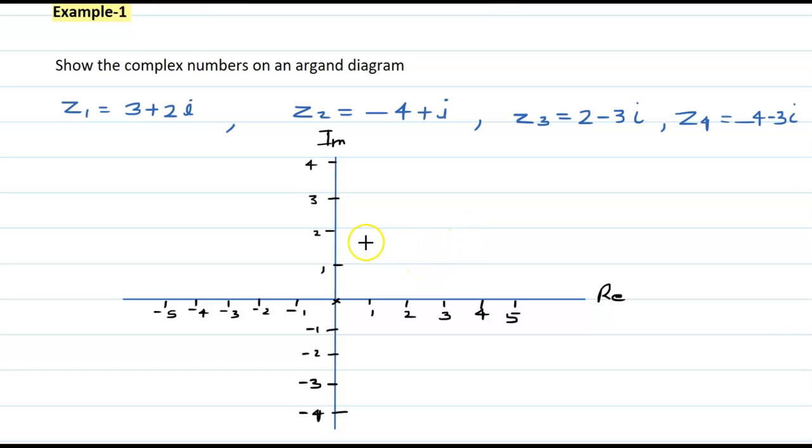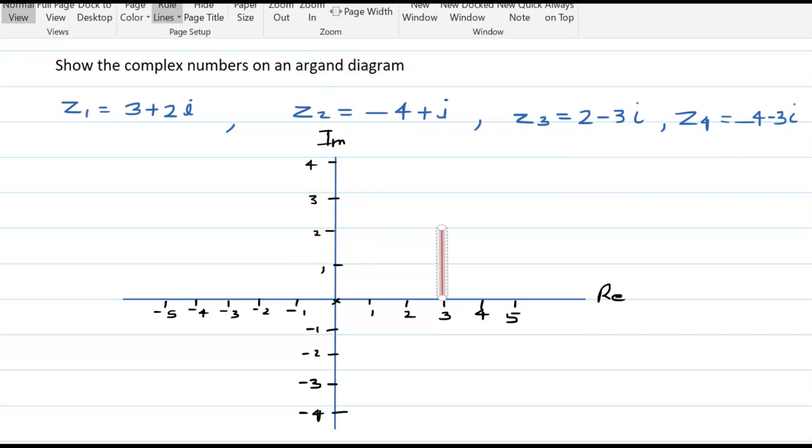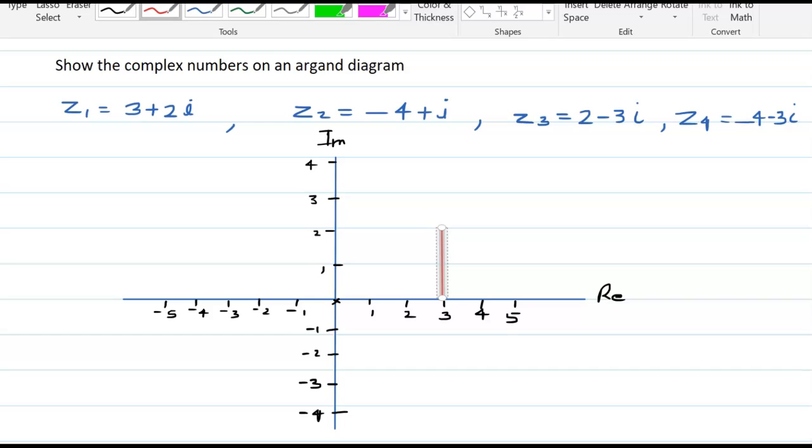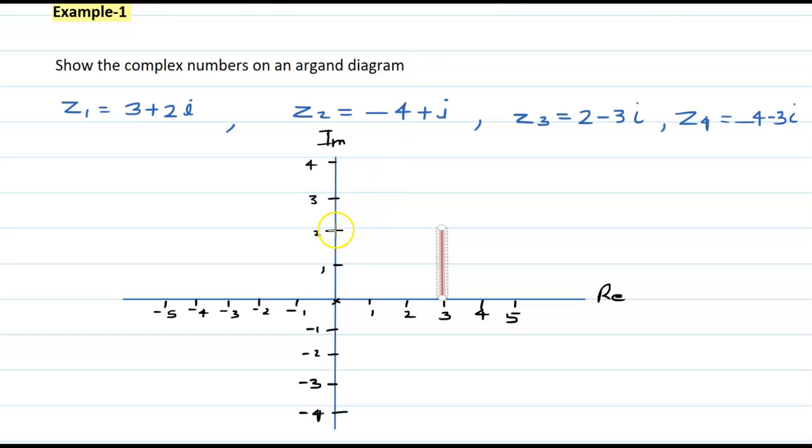So 3 and 2. So this point will be z1, and that is 3 plus 2i.